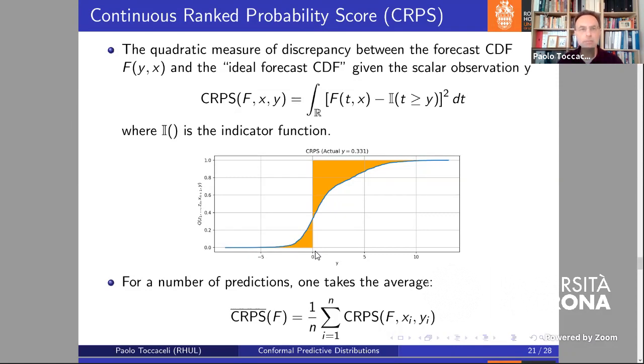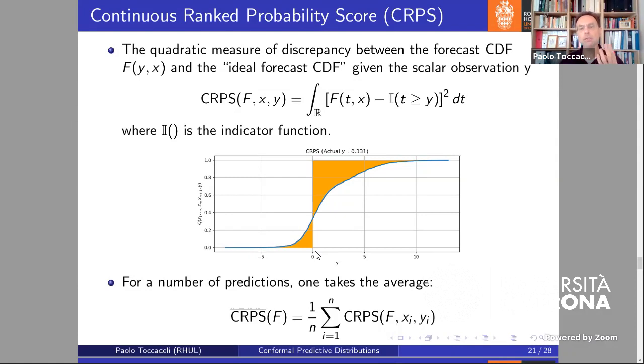And it can be defined as a quadratic measure of discrepancy between the forecast CDF and the ideal forecast, given the scalar observation y. So if we were sure about the value of the label, then we could emit a prediction in which all the probability is concentrated on the value that it takes.